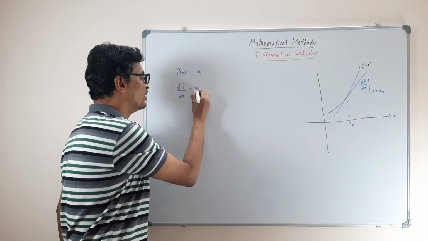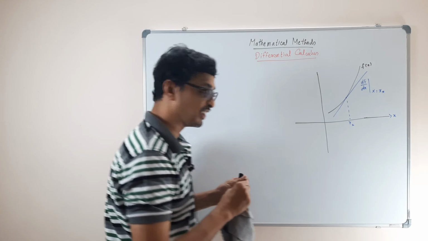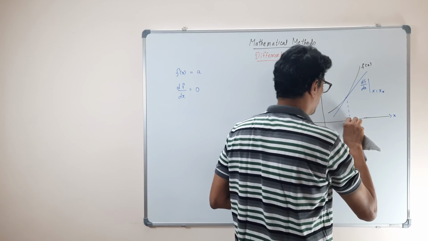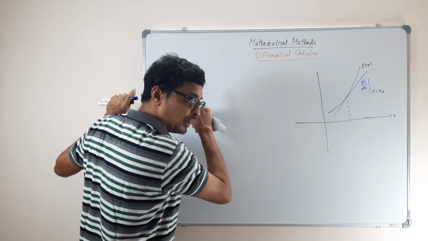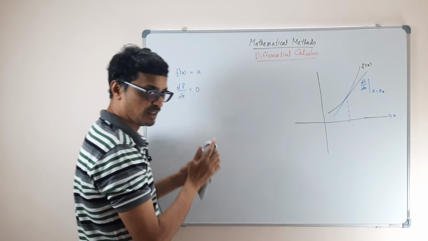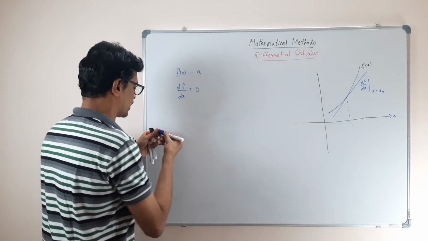This will be 0. Why will this be 0? Let us see how to understand this. You can prove it from limits also, quite simply.